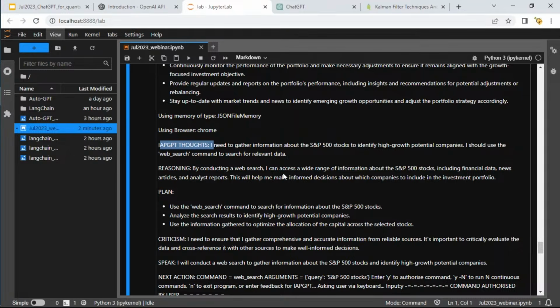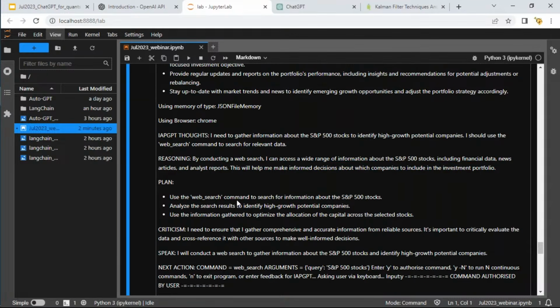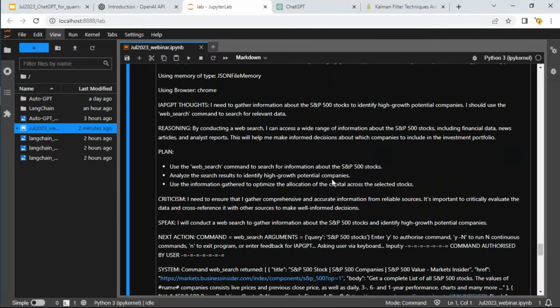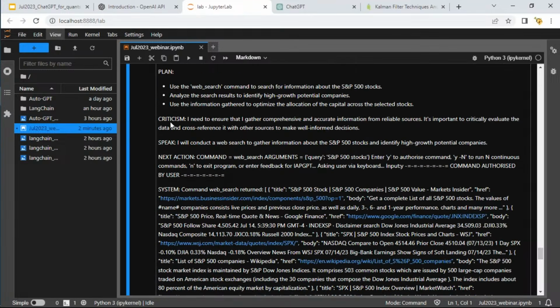Then the reasoning is: by conducting a web search, I can access information about these stocks, including financial data and so on, to help me make informed decisions, right? And eventually the plan. Using it, analyze. It even gives me this saying, criticism: I need to ensure that I gather all this. It's important to evaluate it critically.